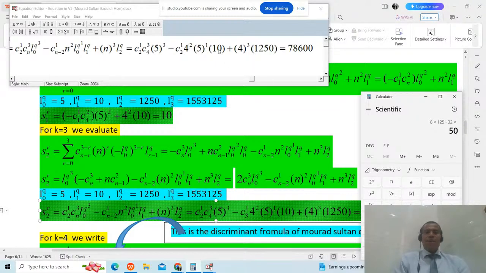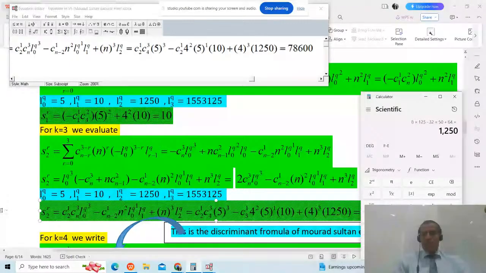Then 5 multiplied by 10 is 50. Plus, learners, the cube of 4, which is 64, times 1250. So we get this value, which is 79,400.